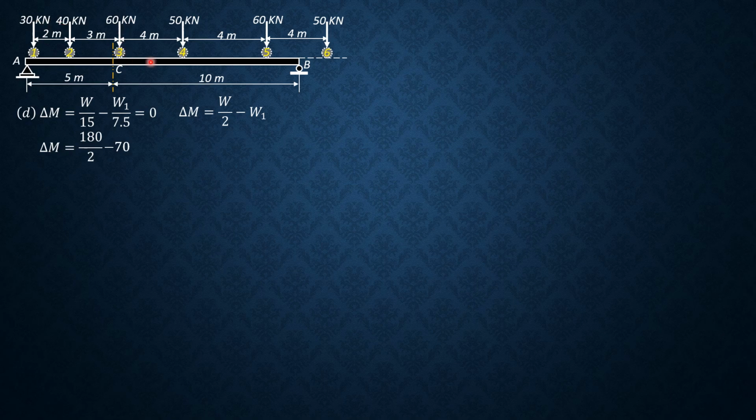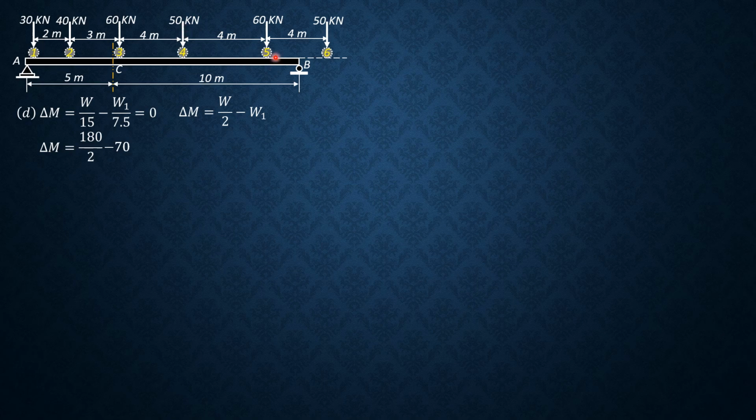Load 3 just to the right of the center line. So if this is the center line and it is to the right, it is not part of W1. Only 30 and 40 will be part of W1. And W would be 70 plus 60, 130, 150, 180.